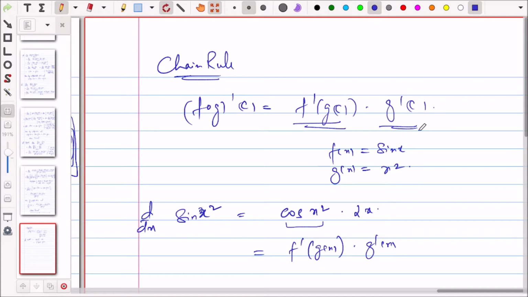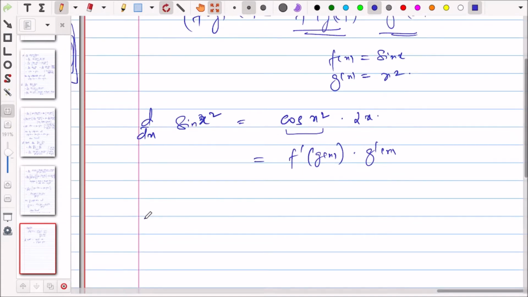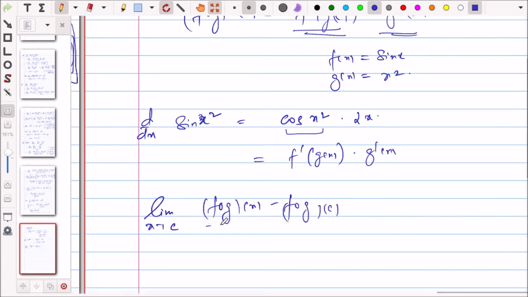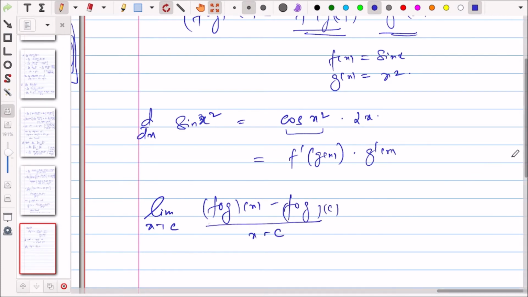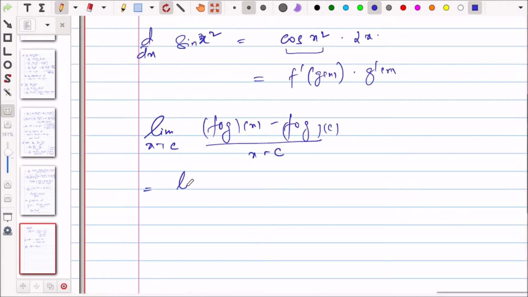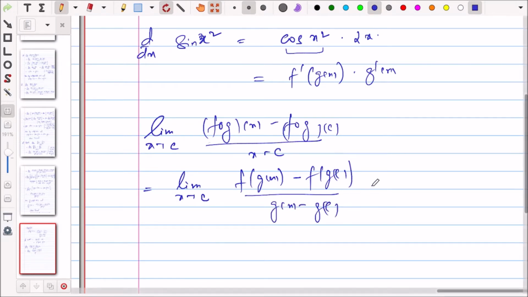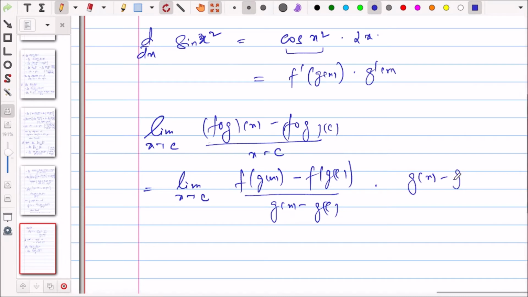Now if we have to prove this, how will we proceed? If we start with this limit, x tends to c, f of g(x) minus f of g(c) upon x minus c, so what do we have to do here? We can write it like this: f of g(x) minus f of g(c) upon g(x) minus g(c), into, we are multiplying and dividing by this g(x) minus g(c) over x minus c.